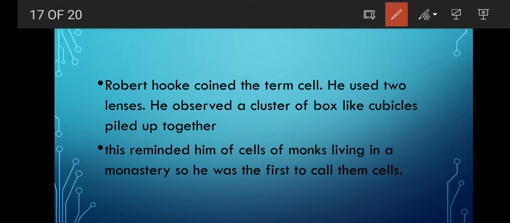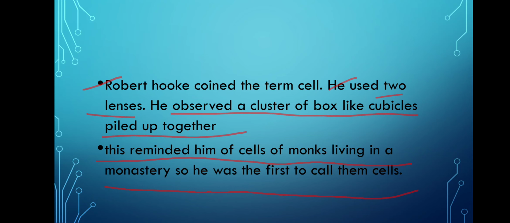The answer to the first one is Robert Hooke coined the term cell. Second answer, how many lenses did he use? Two lenses. And what did he observe? He observed a cluster of box-like cubicles piled up together. This reminded him of cells of monks living in a monastery, so he was the first to call them cells.